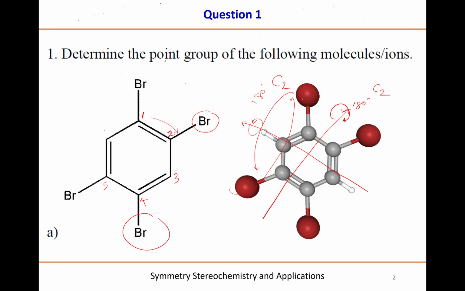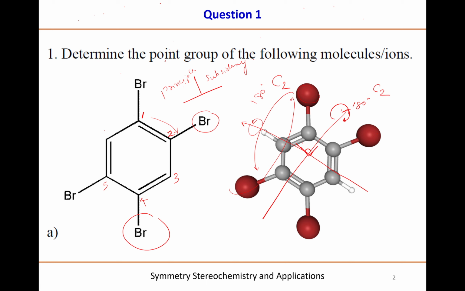So here listen to one more thing. The principal axis and subsidiary axis are perpendicular to each other. Remember this point also. So here we have two different axes which are perpendicular to each other.